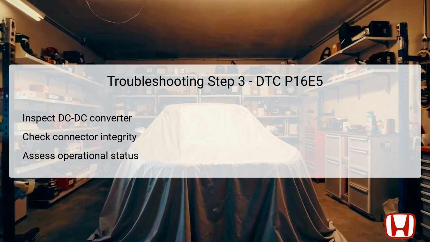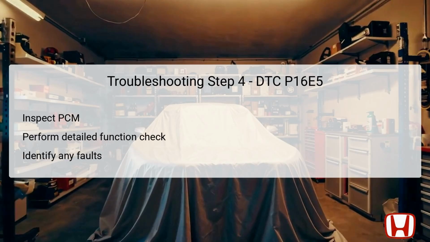It's also important to verify that there are no shorts or disconnects in its wiring harness. If the inspections return no abnormalities, proceed to check whether the DC-DC converter itself is operational under normal conditions. Should abnormalities arise, this component may need replacement to rectify the communication error flagged by DTC P16E5.